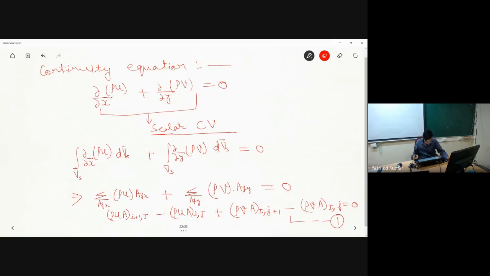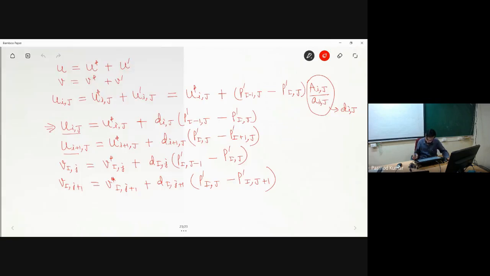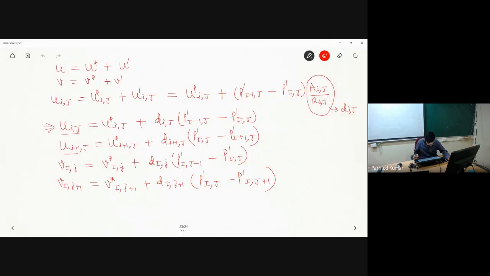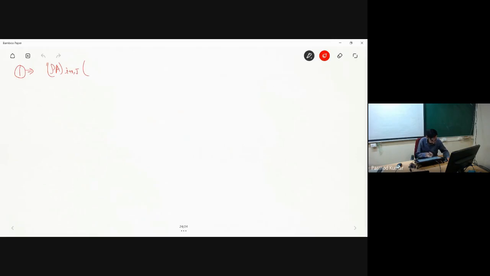If I do so, I will find rho into a at point I plus 1 comma j, and what will I be getting in the multiplication? Please tell me, otherwise I have to go back to the previous slide every time.